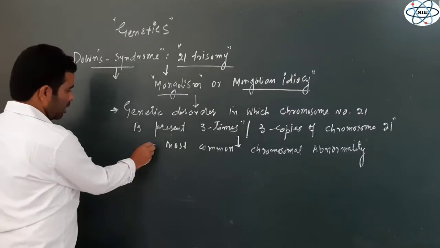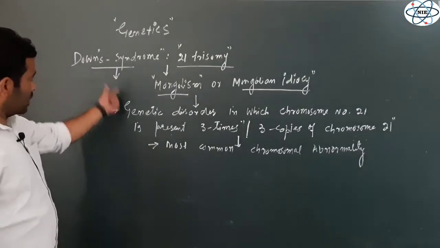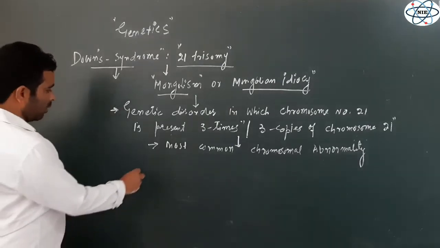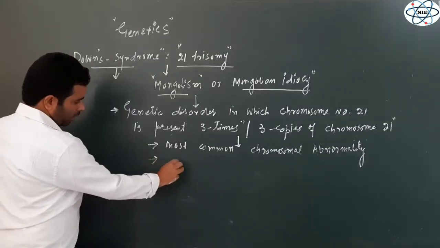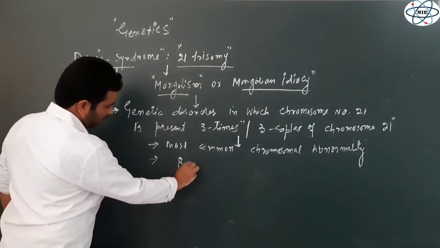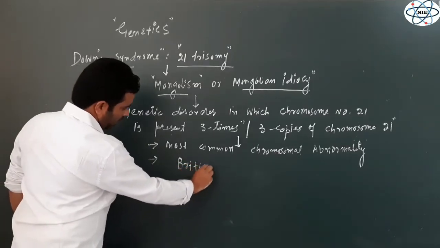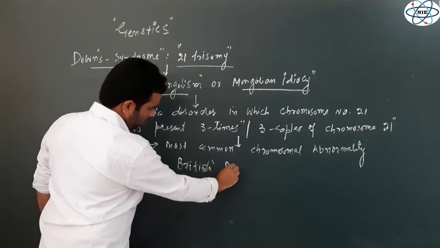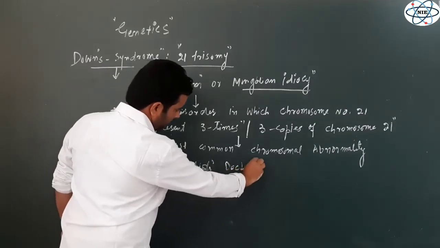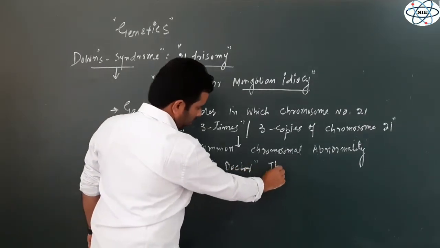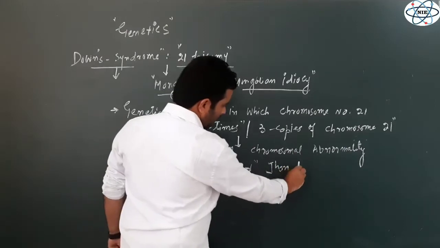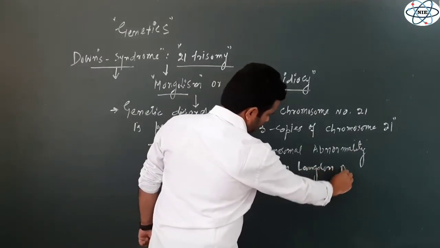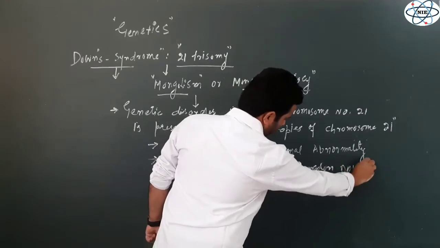Anyways, Down syndrome, 21 trisomy, was first discovered by a British doctor whose name was John Langdon Down.